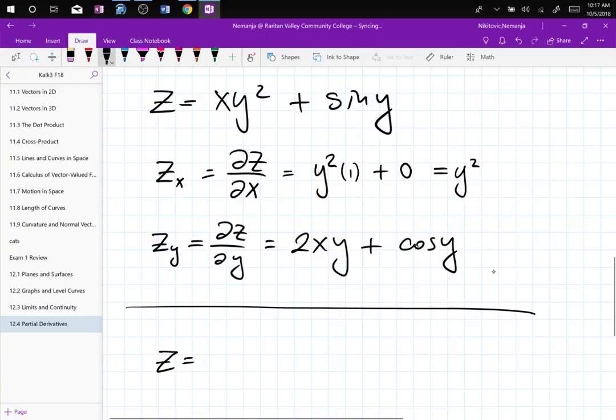This is a new example now. Z equals, say, y cosine y minus x squared.